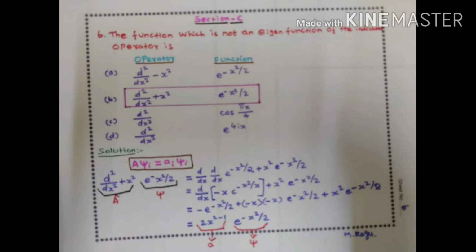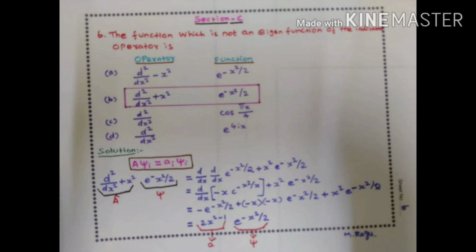d square by dx square plus x square is the operator, and e to the minus x square divided by 2 is the wave function. Apply d by dx to e to the minus x square by 2, which gives minus x e to the minus x square by 2, and continue the differentiation, plus x square e to the minus x square by 2.